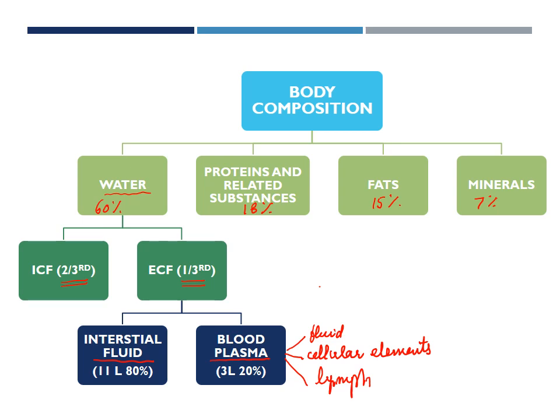And then lymph. Together, all these things make up the total plasma volume in the body. And these compartments, intracellular and extracellular, are important for cell function.